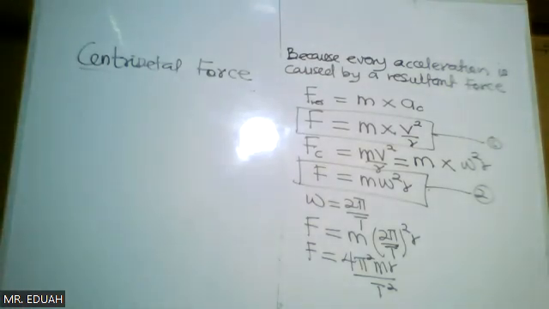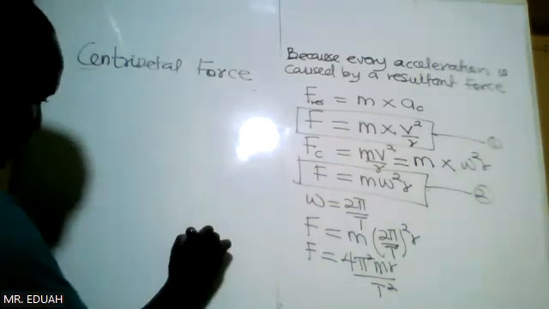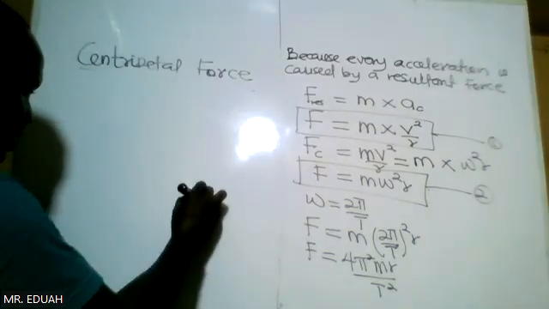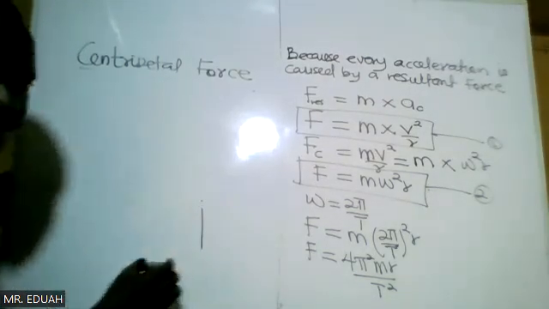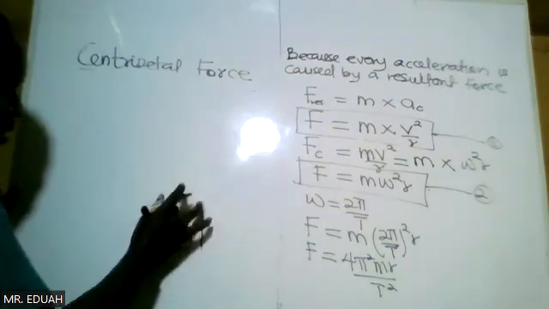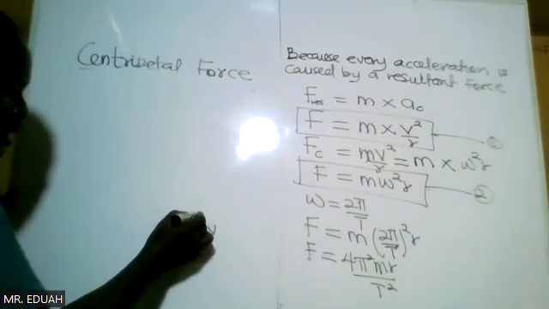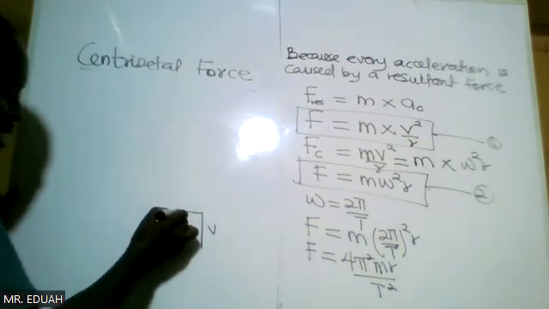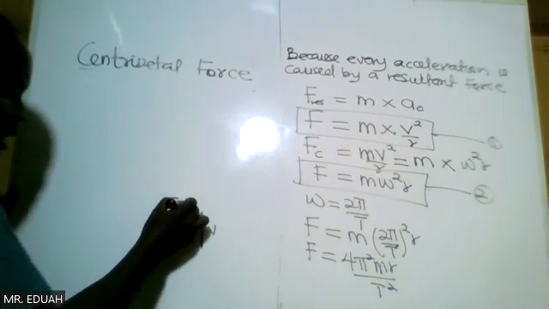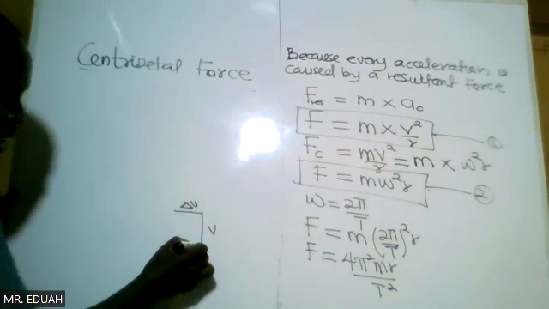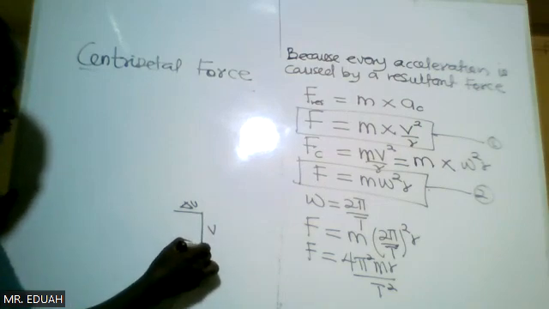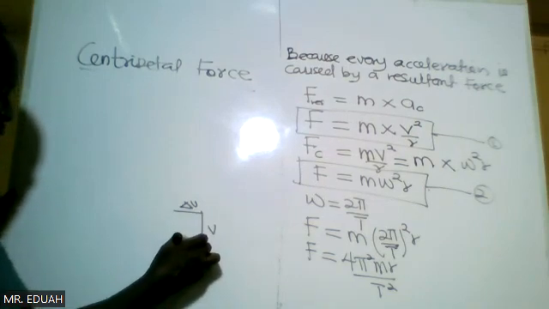The whole thing is that a body is moving in this direction with a speed v, but due to the change in its velocity, delta v, its direction changes from here and then comes here.